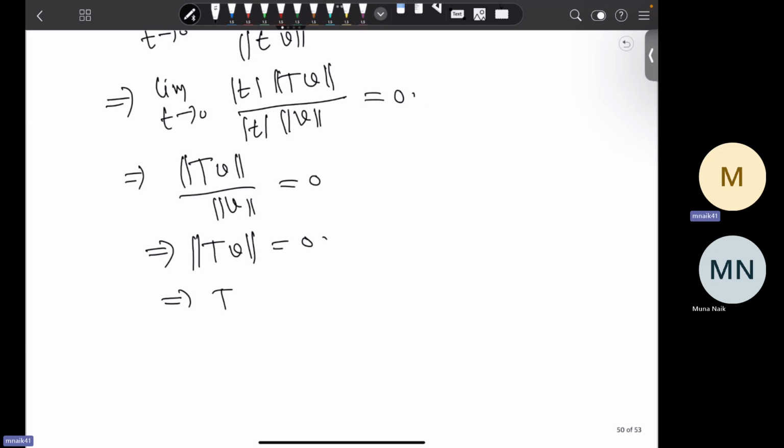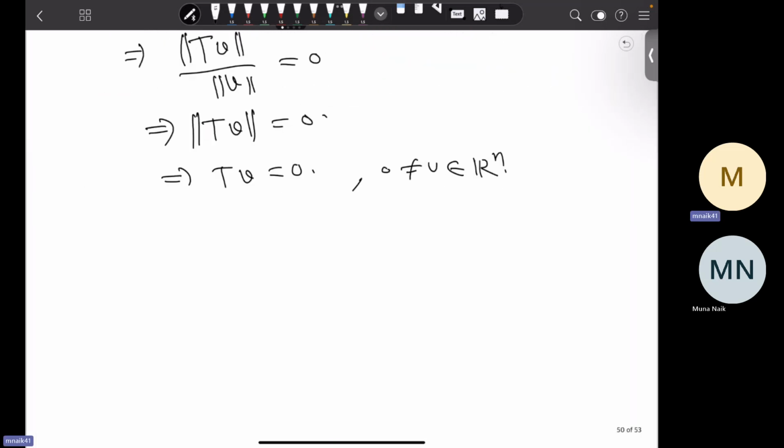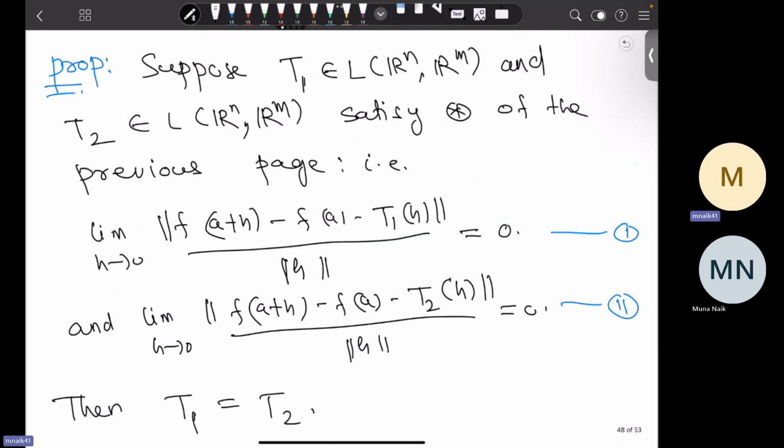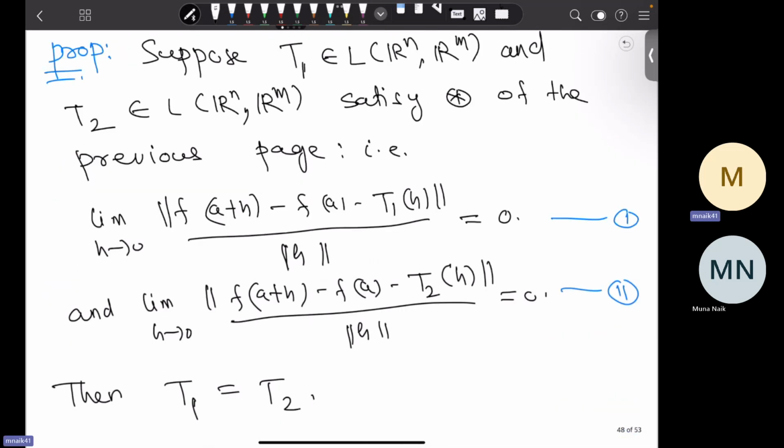Now t0 is equal to 0, we have seen that, and tb is equal to 0 for 0 not equal to b belongs to Rn. This implies t is identically 0. This implies t1 is equal to t2.